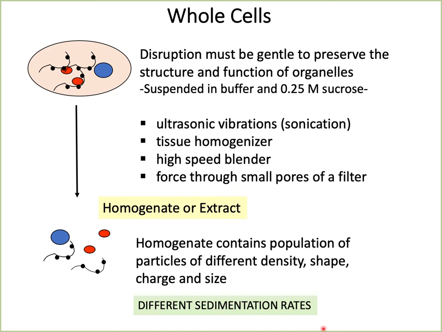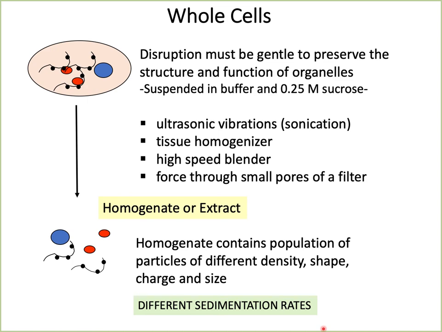There are a number of ways to disrupt the plasma membrane, such as ultrasonic vibration, which we call sonication, using a very high sonic vibration. We can use a tissue homogenizer, a high-speed blender, or force the cell through a filter with small pores, usually 8 micron. Usually, it disrupts the plasma membrane without damaging the organelle.